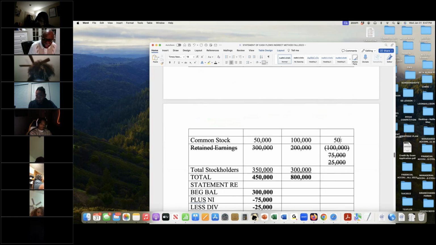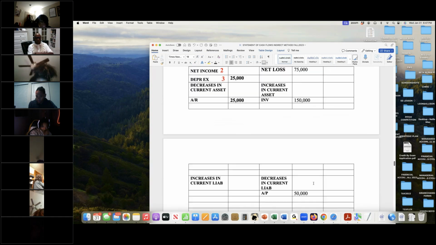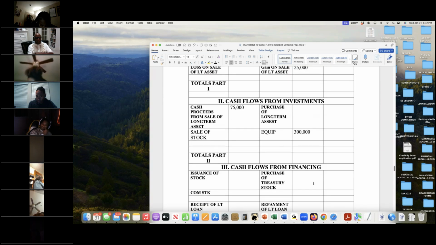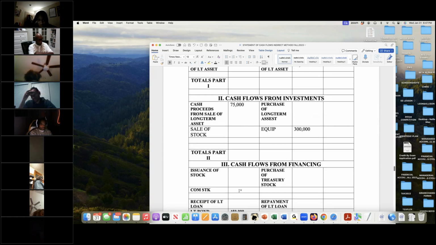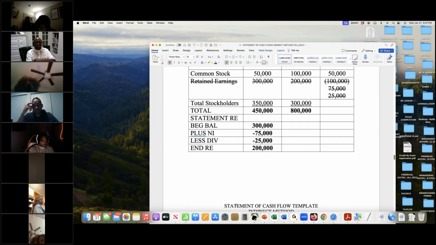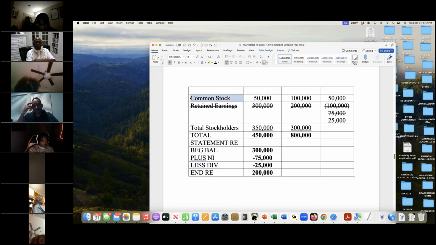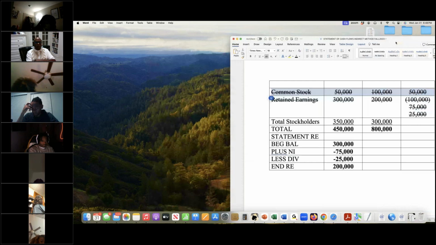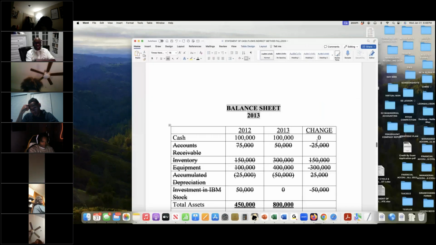If common stock increases, it's a source of cash. So once we strike common stock, we have now zero in terms of every other account.